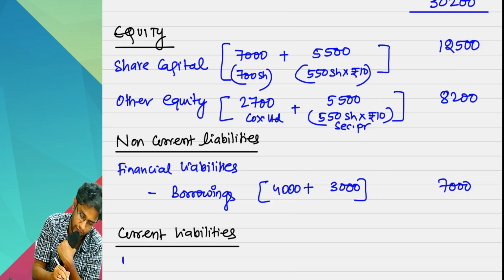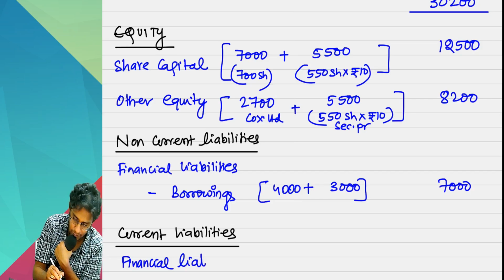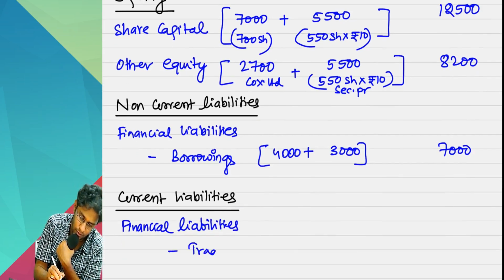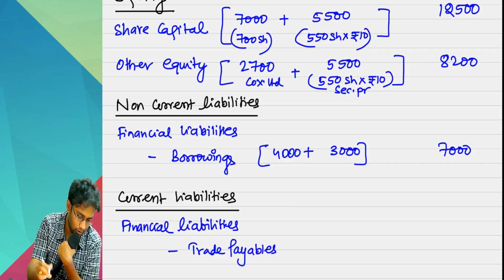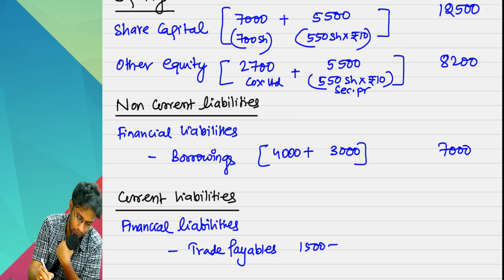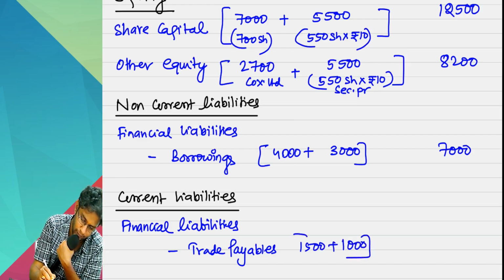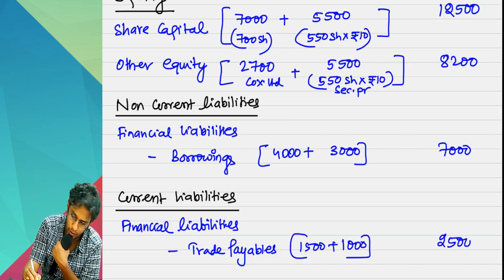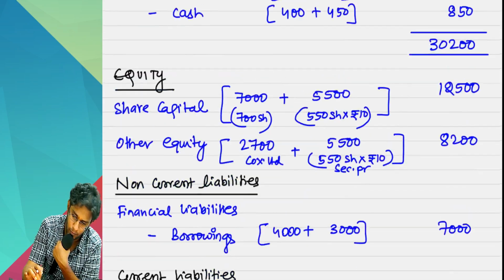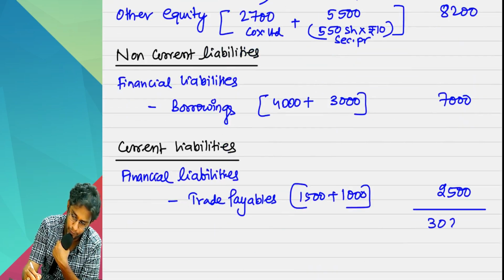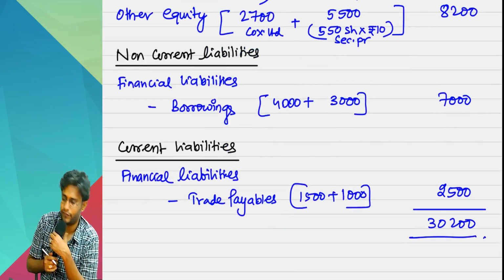Trade payable is a financial liability. How much are 1,500 plus 1,000? It will tally off.